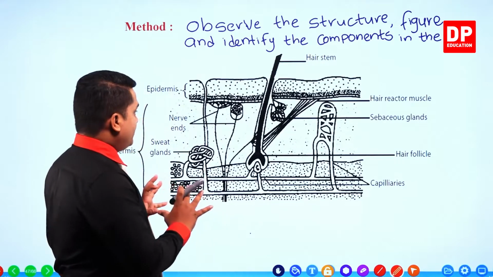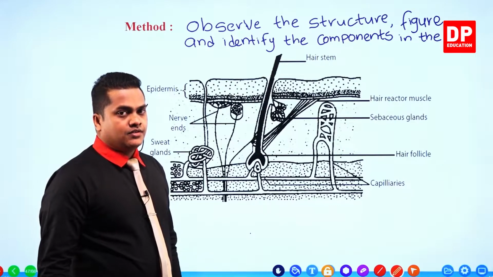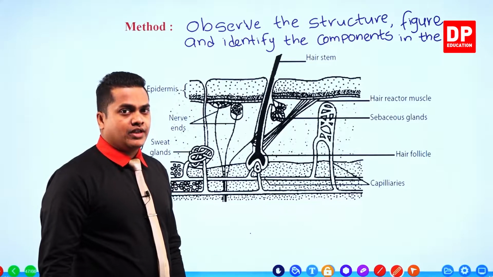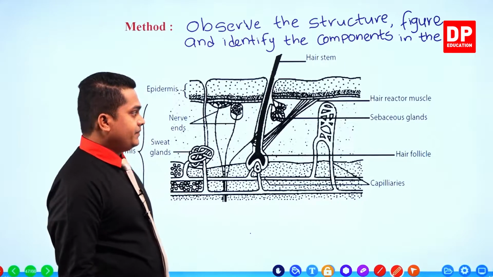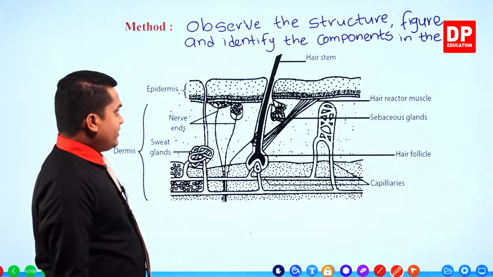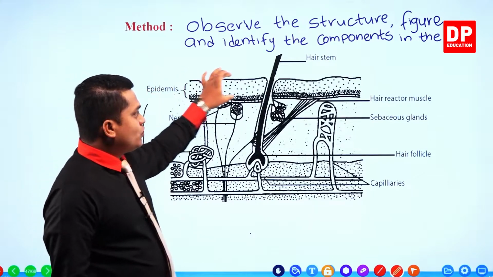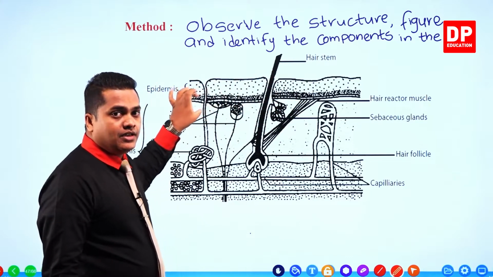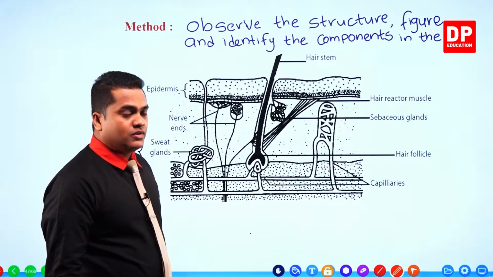Now you are given the figure. By looking at this figure, you can identify the main parts contained in the human skin. First of all, you can observe the epidermis. This is the topmost layer. As I told you earlier, the epidermis is the topmost layer of the human skin.